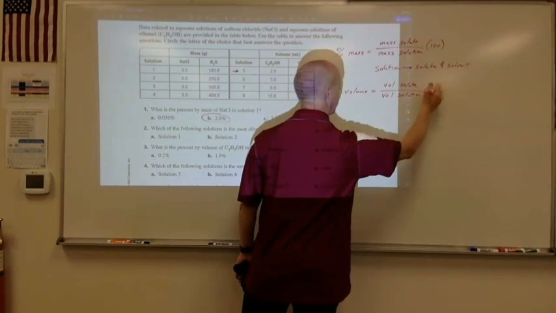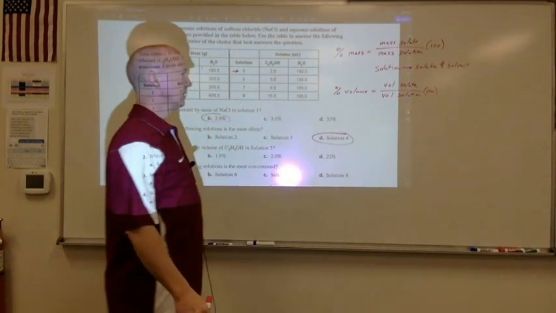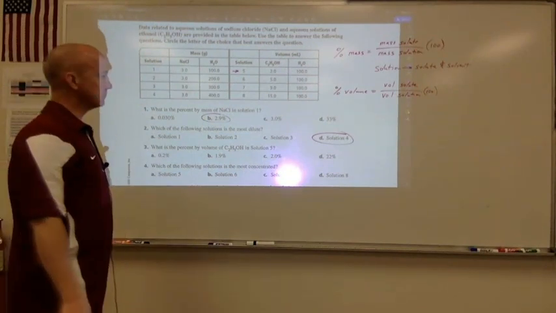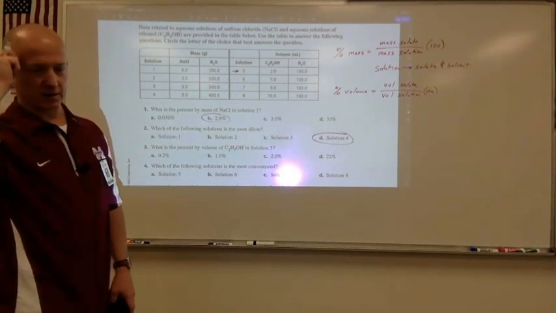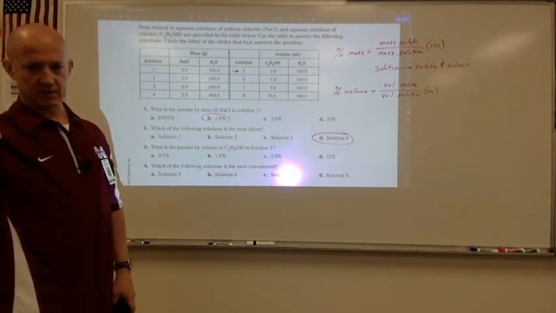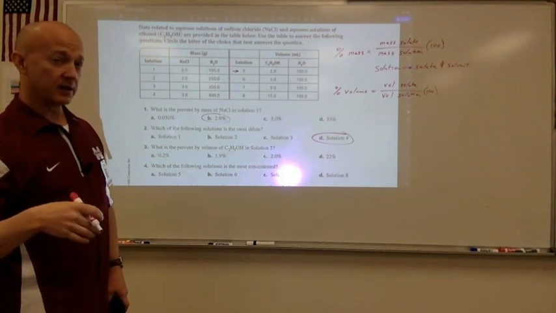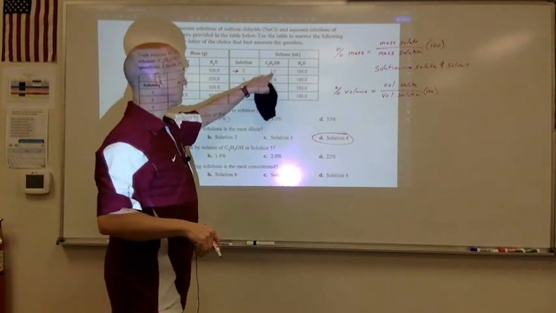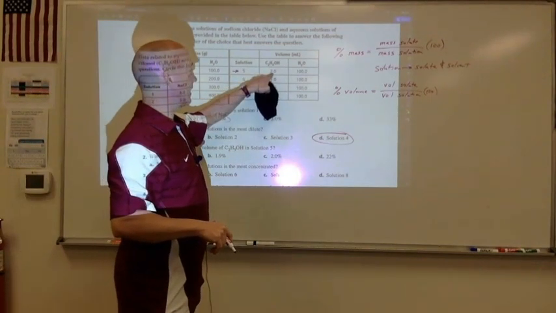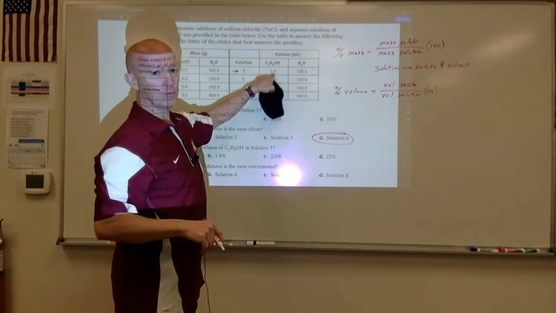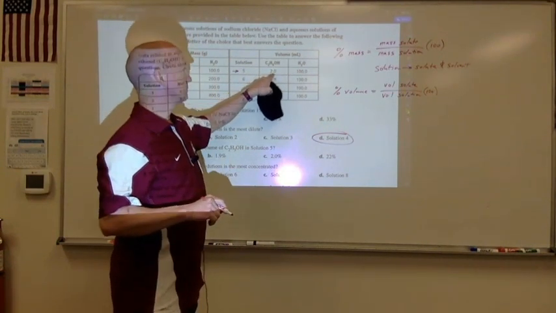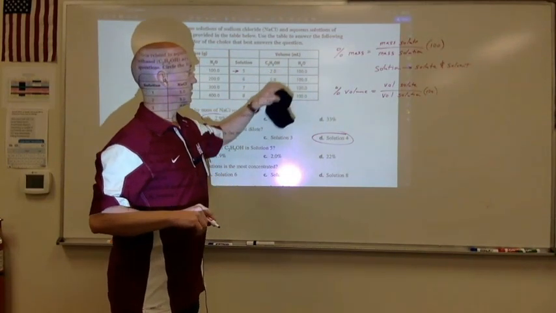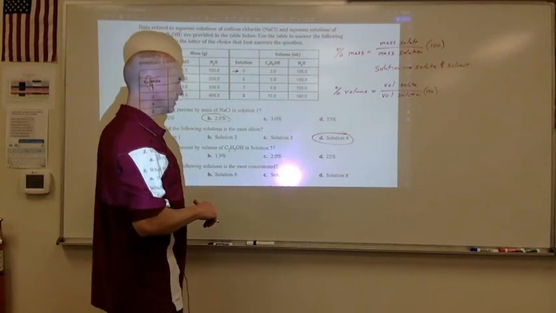And again, the solution is the solute and solvent combined. That's real important for you to get in your noggins, because later on, we talk about molarity, molality. It's important. So 2 divided by 102 times 100. Solute divided by solute and solvent combined.